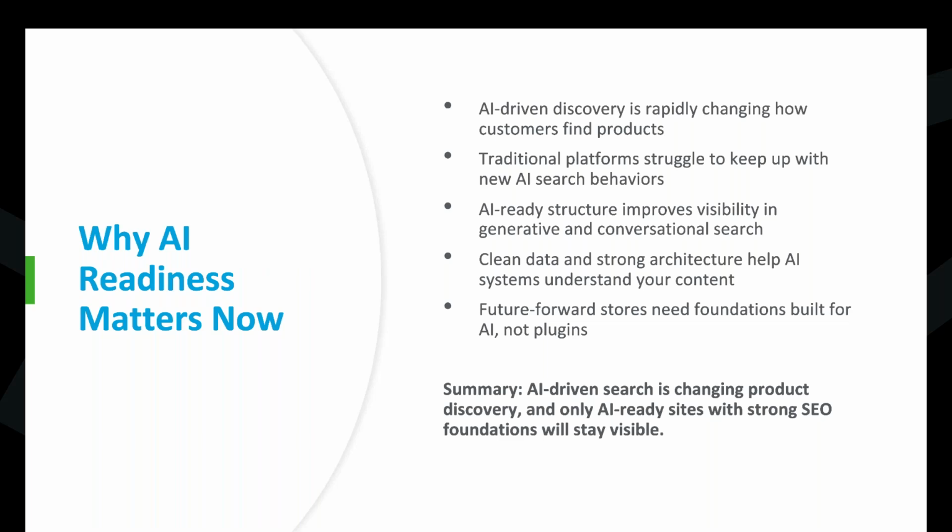So this is actually where SEO best practices become even more important. When your site follows strong SEO fundamentals, those best practices like clean URLs, fast load times, structured data, clear hierarchies, and well-organized category pages, you're not just helping Google search at that time. You're actually helping the AI models interpret your site more accurately.